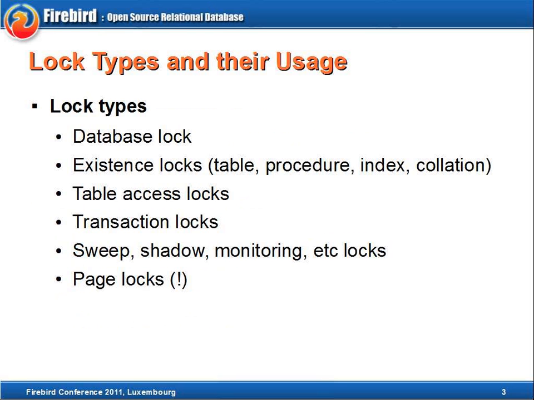It means that for every table or procedure, for example, index or collation, whatever, your statement is accessing, as soon as your statement is parsed and compiled into the executable form, your request acquires shared locks on all resources utilized by this request. So if your statement uses some table, you will have a shared lock on that table.